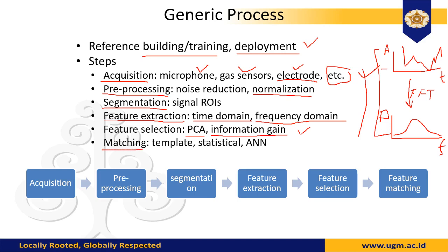Okay, the matching, just like before, the one that we discussed last week, we could use a template matching, which is a one-dimensional template. So we have a template, for example, with a window length of, let's say, 8 or 16, or normally it is an odd number, or even a window of, say, 25.